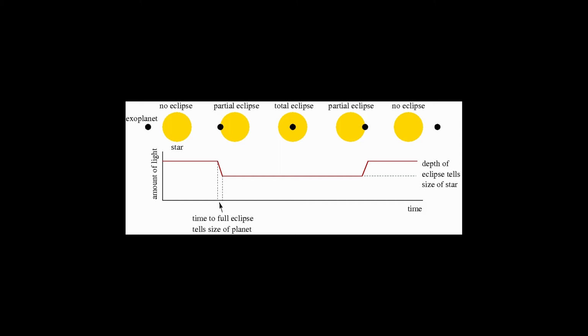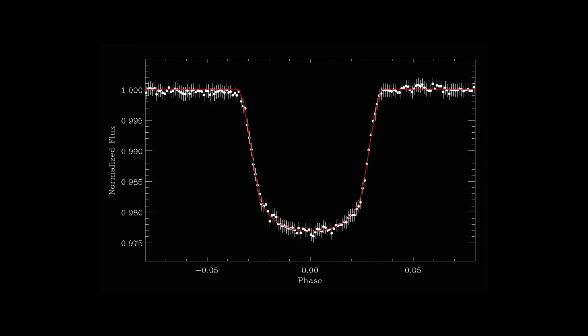Now, of course, this only works if the orbital plane of that planet is so aligned with the line of sight between that star and us that it actually passes between us and that star. And the distance between a planet and its star related to the size of that star usually varies by roughly 2 orders of magnitude. For example, the diameter of the Sun is roughly a little less than 1/100th of the distance between the Earth and the Sun.